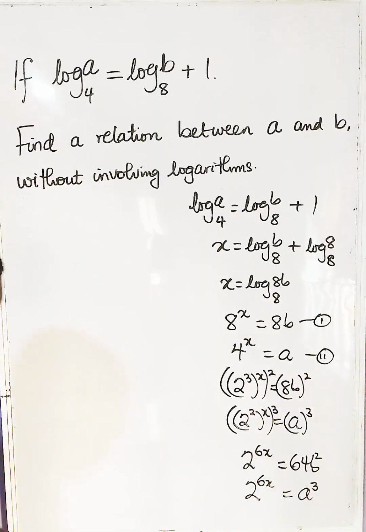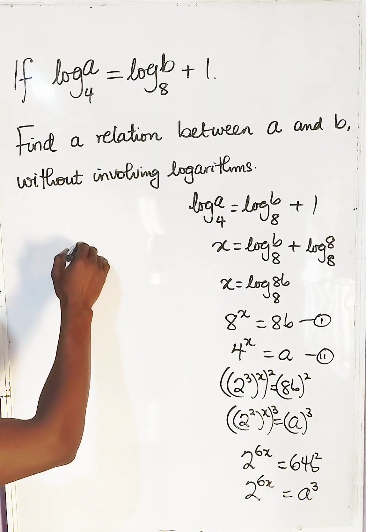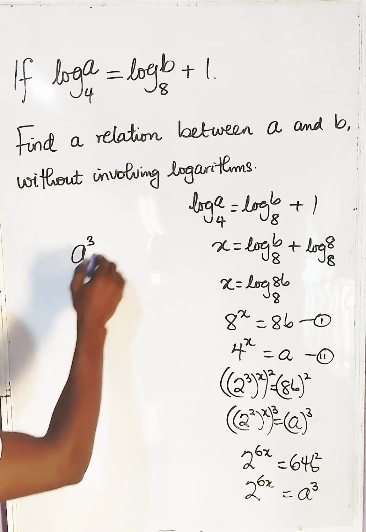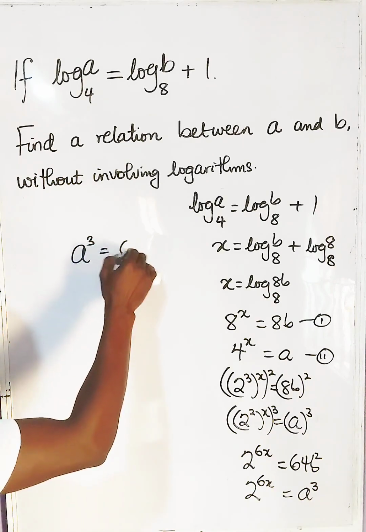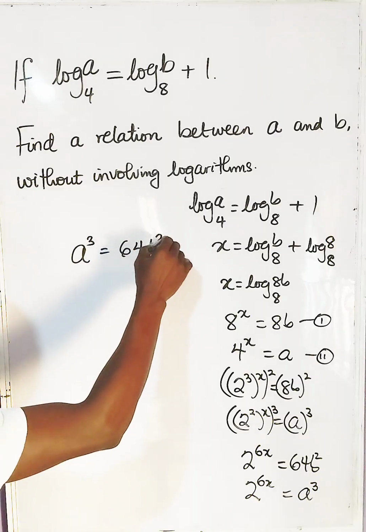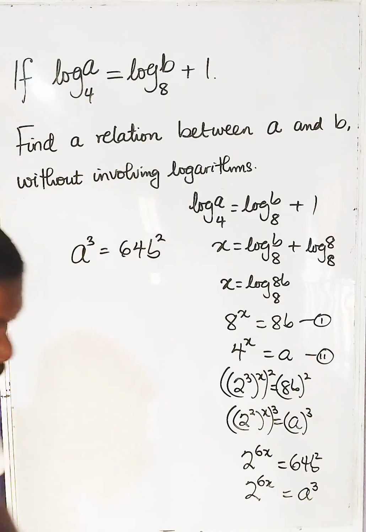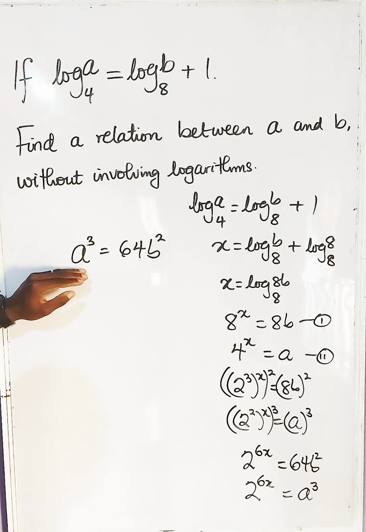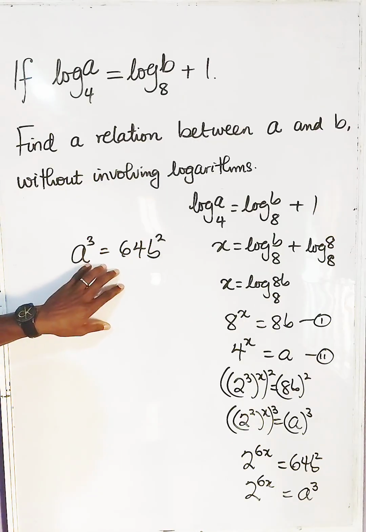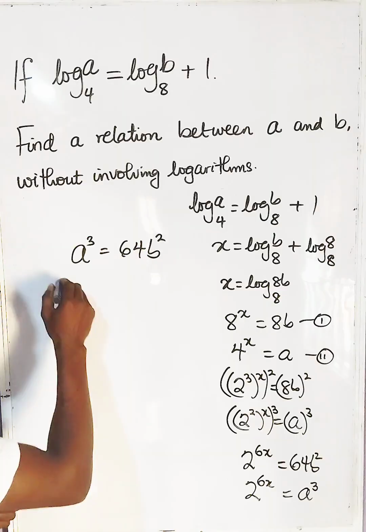So we can now agree that A cubed equals 64b squared. So I guess that is all. Yes, so the relationship between A and B without involving logarithm is this.